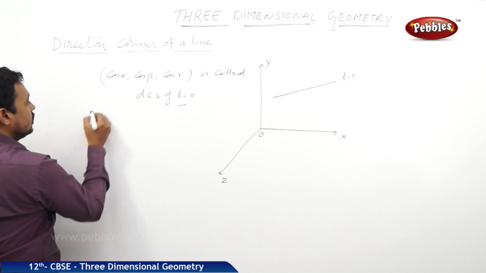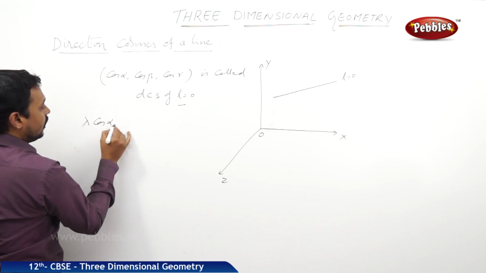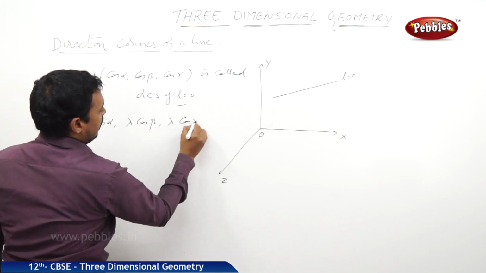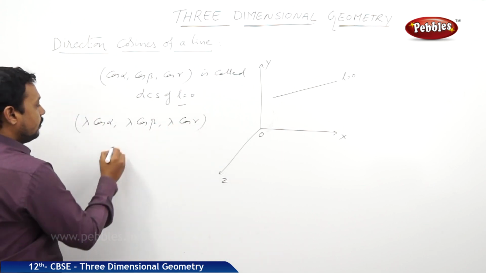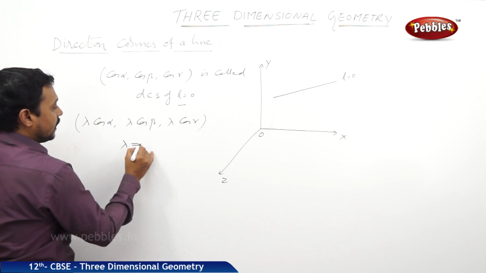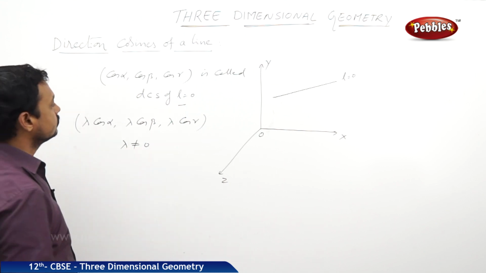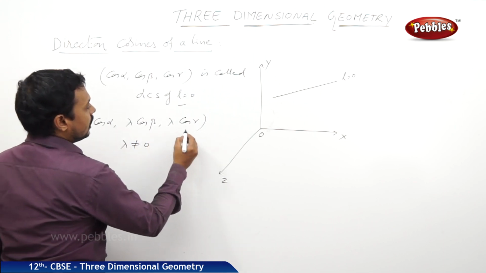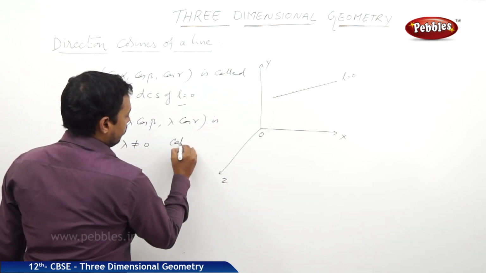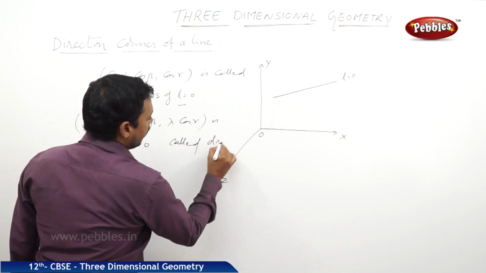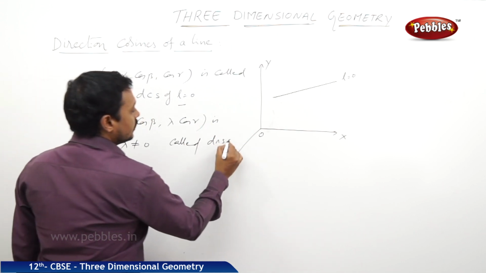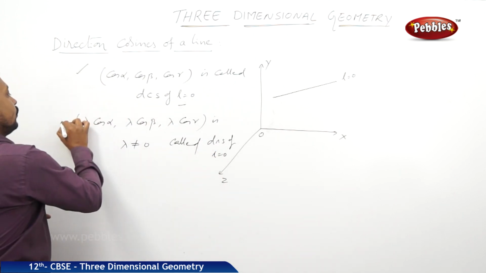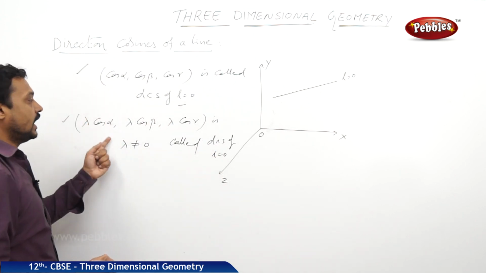For example, lambda cos alpha, lambda cos beta, lambda cos gamma, where lambda is some scalar but not equal to 0. Then lambda cos alpha, lambda cos beta, lambda cos gamma are called direction ratios, DRs, of the same line L equal to 0. These are the two important definitions, direction cosines and direction ratios.